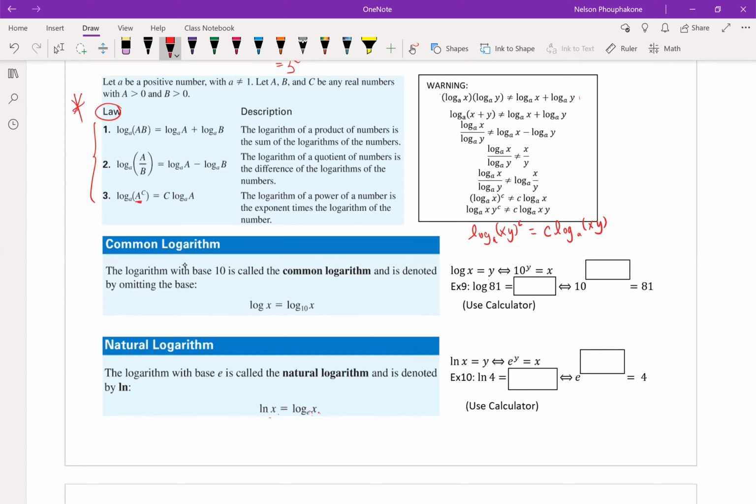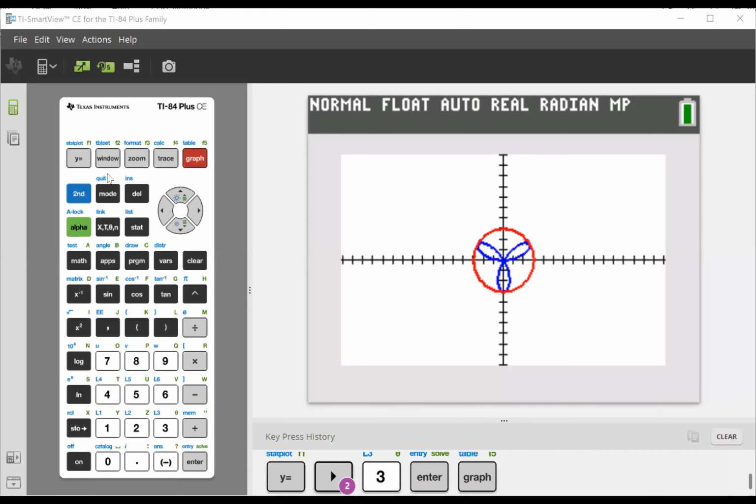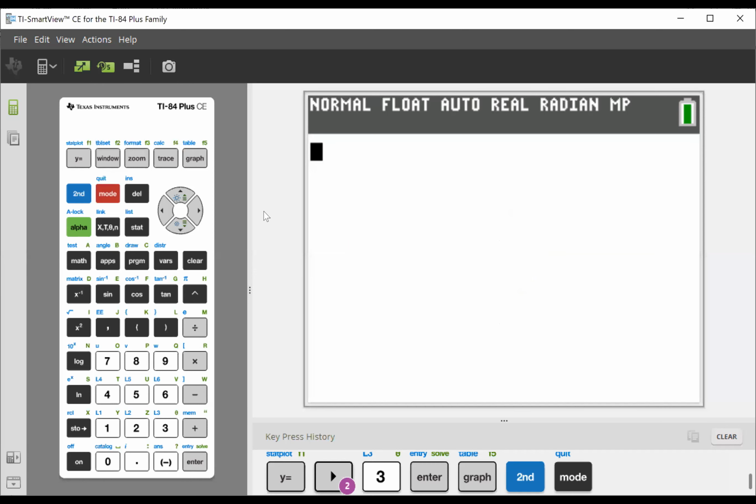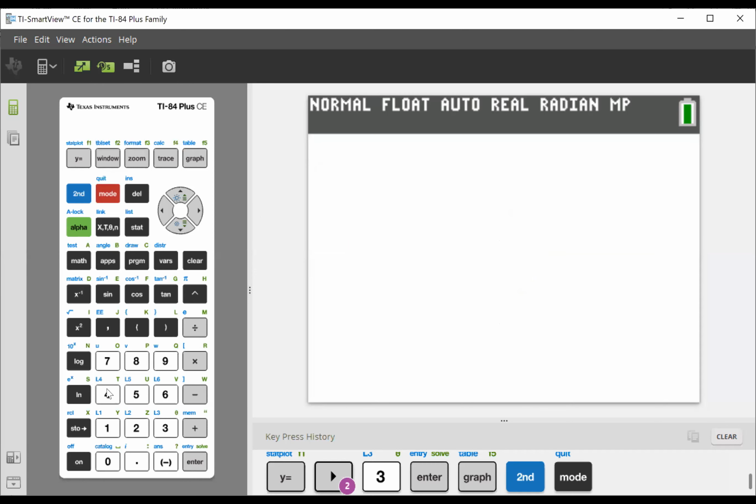Now, if you use your calculator, let me open my calculator first. Do you see where you could find the log?